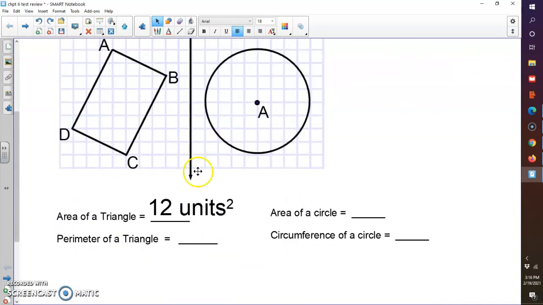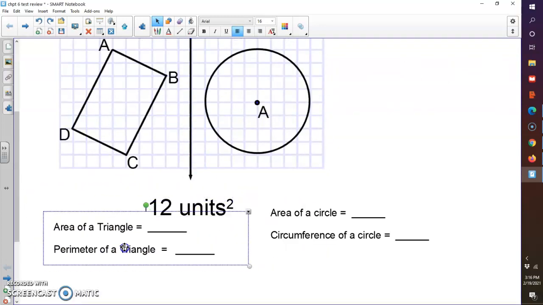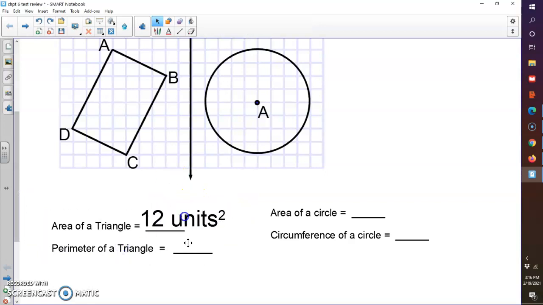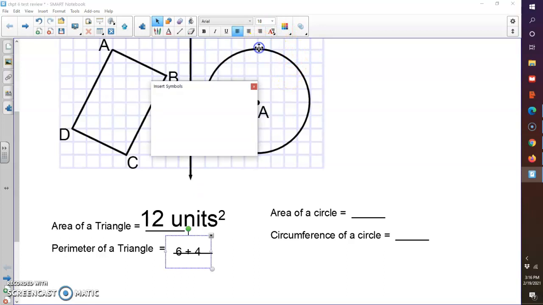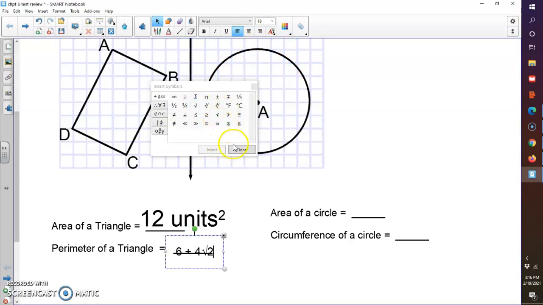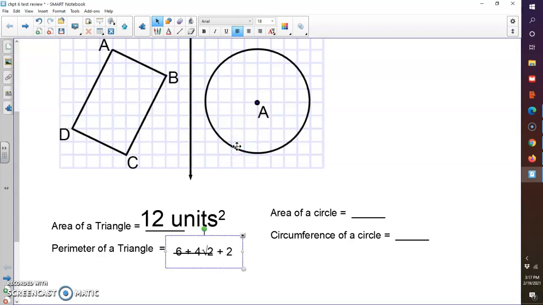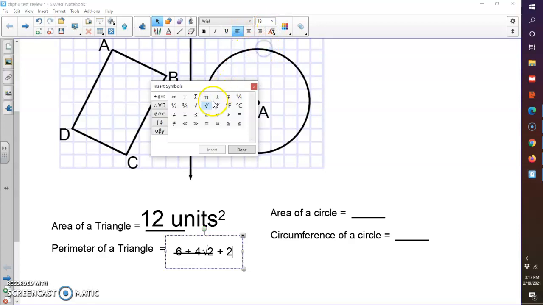So this perimeter is going to be, and this is going to be a big one, so let's drop it down here so we have a little more room. This perimeter is going to be 6 plus 4 root 2 plus 2 root 5.